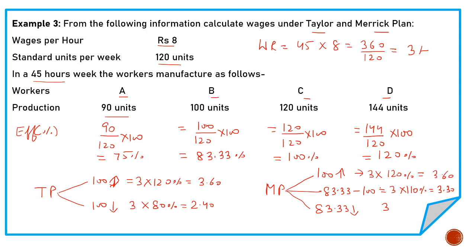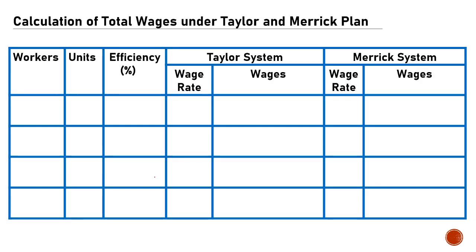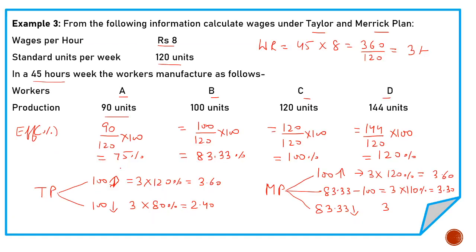Now first we write the workers and the production of these workers in the format. There are 4 workers, worker A, B, C and D. Worker A manufactured 90 units, worker B 100 units, worker C 120 units and worker D 144 units. Now we see the efficiency of these workers.